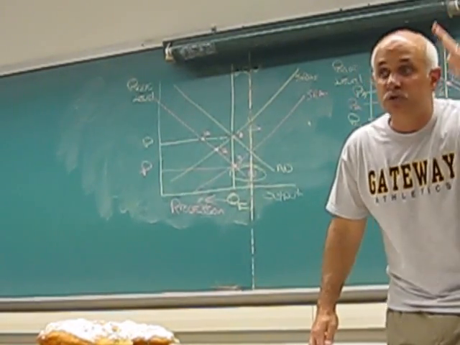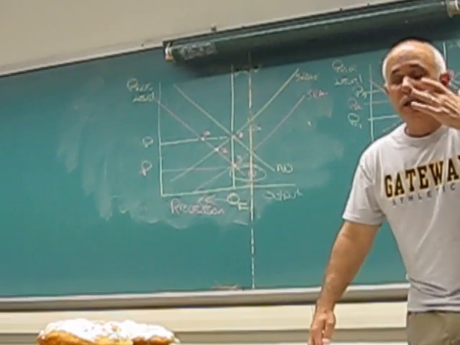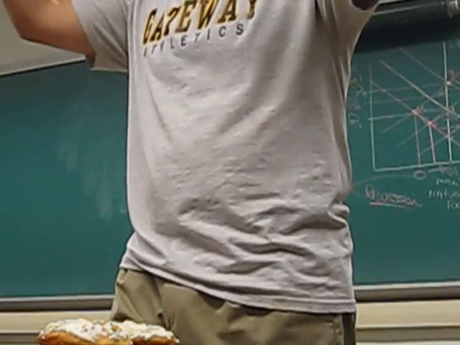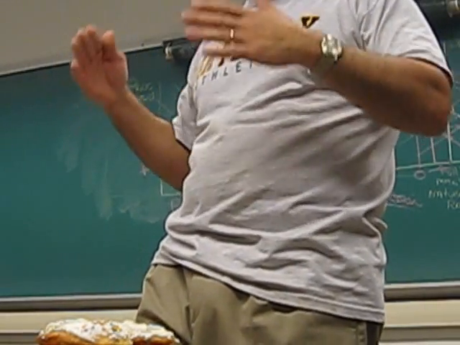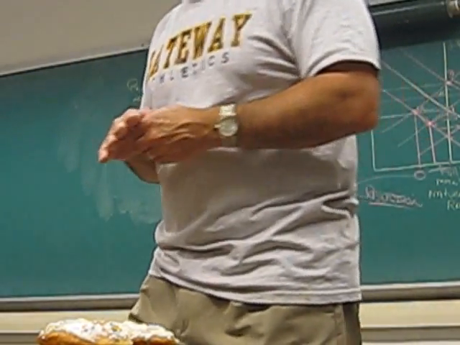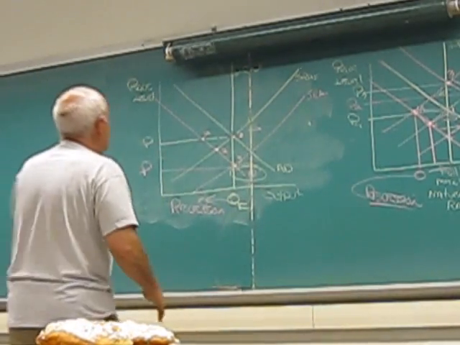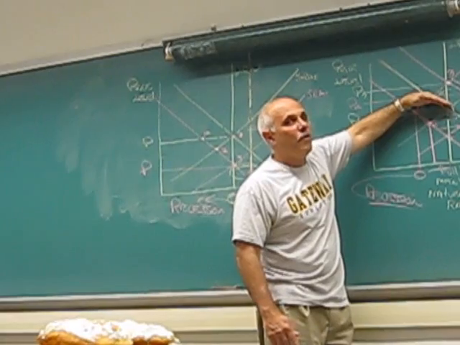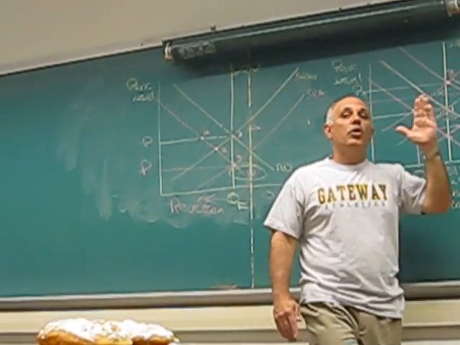Now I want a contractionary fiscal policy. A contractionary fiscal policy is that I want to increase taxes and/or reduce government spending. And by doing that, I can manipulate aggregate demand to bring it to a level that will ensure full employment.